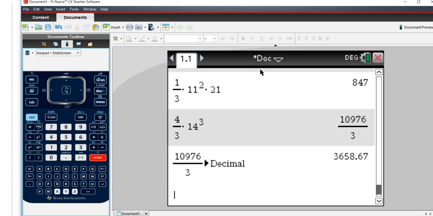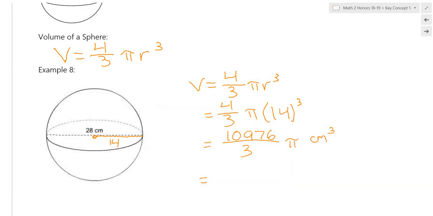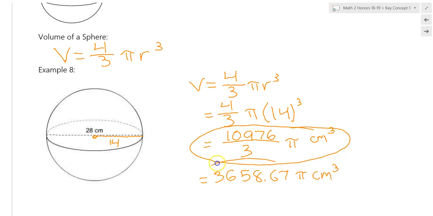I don't know why it was being strange. So I get 3,658.67 pi. Okay. So either of these is fine. This top one's a little more exact, but that's okay.